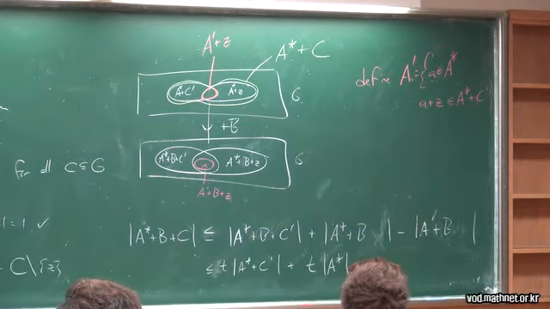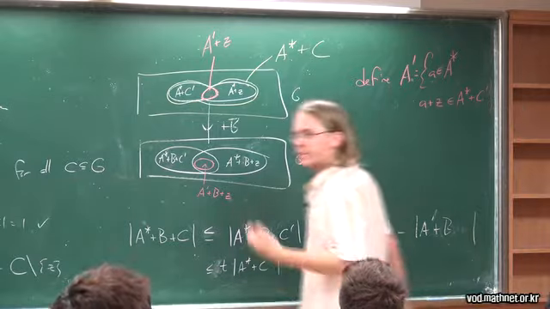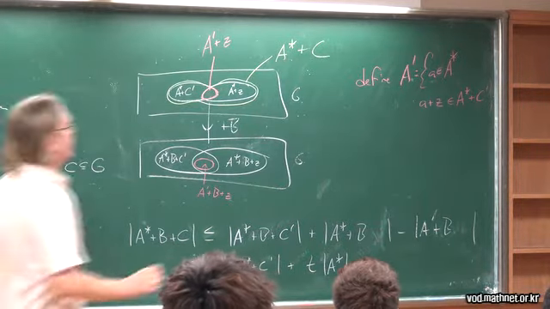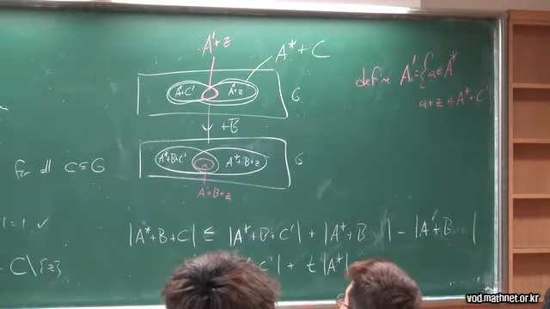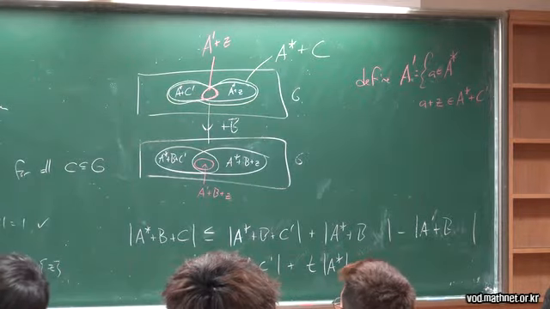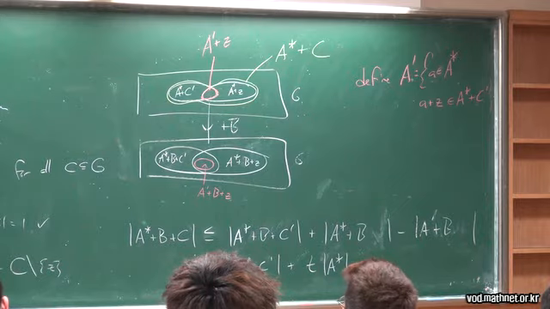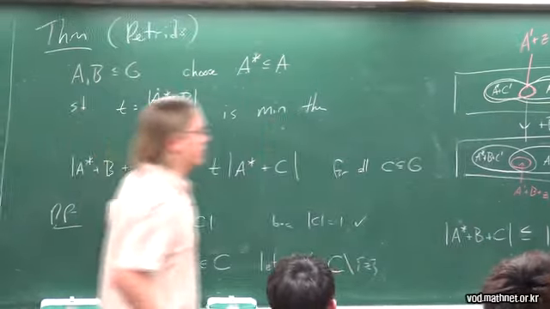Now, what do I know about A prime plus B? Well, A prime is a subset of A star. You remember, A star was chosen so that this quantity was minimum. So that means the factor for my A prime set can only be greater than or equal to this.